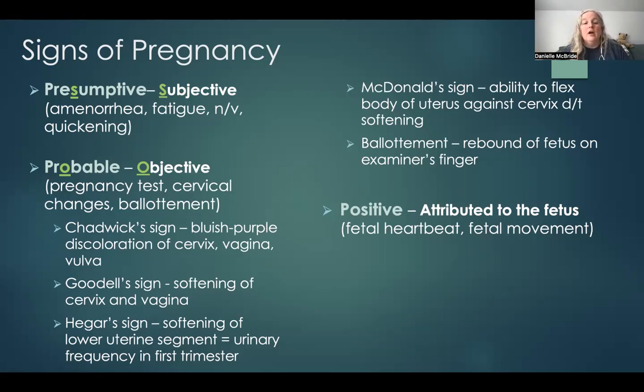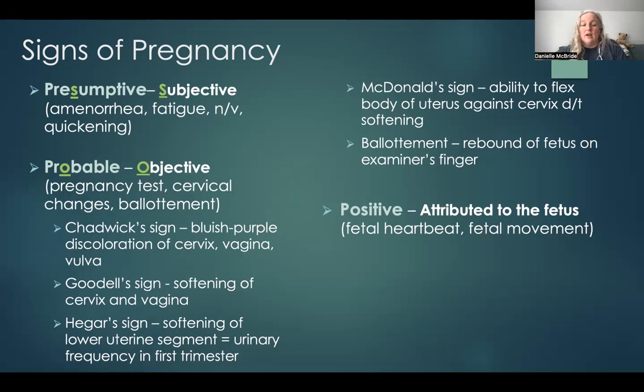Cervical changes. Different things happen in pregnancy, not just to the cervix, but to the vulva and the vagina. That's what these other things are: Chadwick sign, Goodell sign, Hegar sign, and McDonald sign.